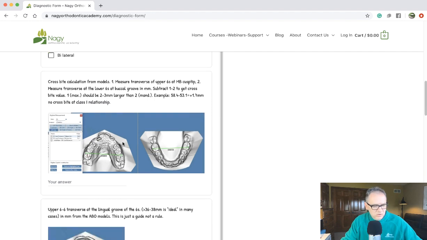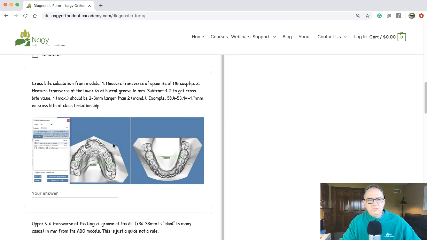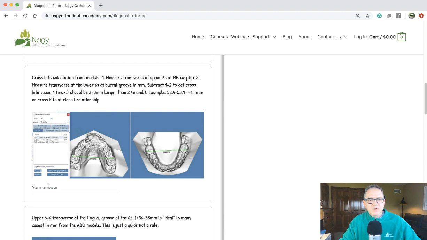And here's a picture that shows you how we measure crossbite. Okay, so this online form actually helps you also decide how you measure crossbites. So here you're going to have how much crossbite do you see. You measure the upper arch, the upper width, and then you measure the lower width, and you subtract the lower from the upper. Okay, so if you get 0, that means there's no crossbite.